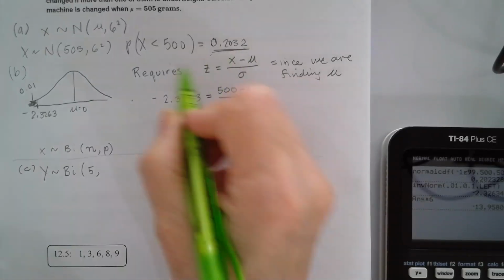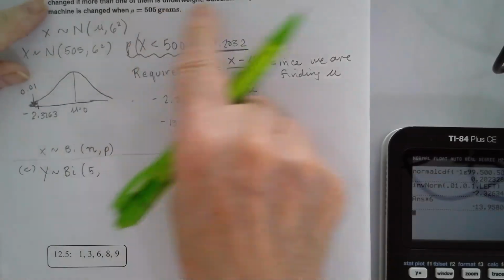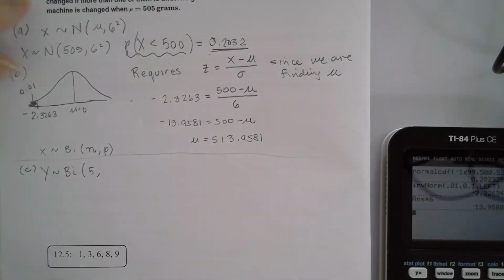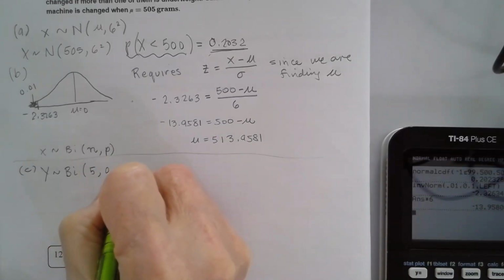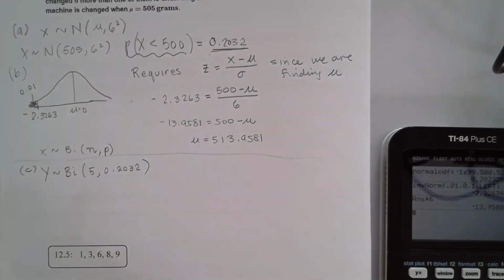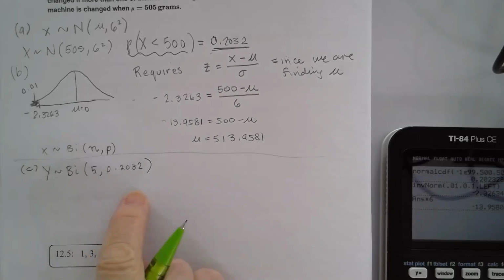Right? So that's the probability that x is under 500, and that's what we're looking for. One of them is underweight. Yeah? So there we go. That kind of happens frequently, where they have you do a question, and then they use that probability underneath. Okay, so that's how it's distributed.